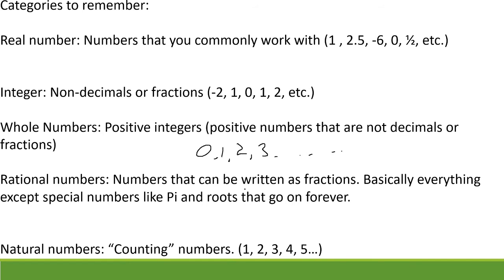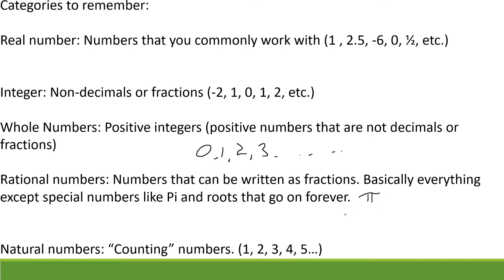The rational numbers are numbers that can be written as fractions. So basically everything except for special numbers like pi or root 2 is rational. Pi is what we call an irrational number because you cannot write pi as a fraction. There's no fraction that gives you pi exactly.